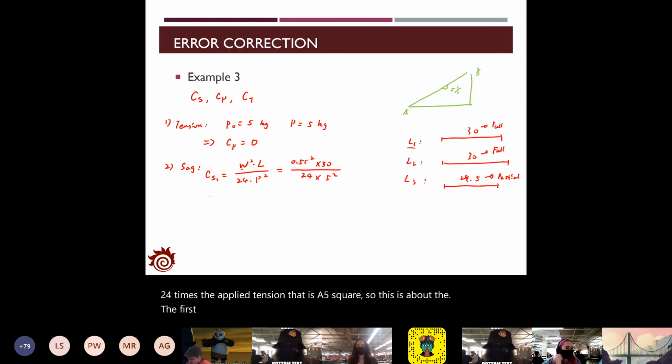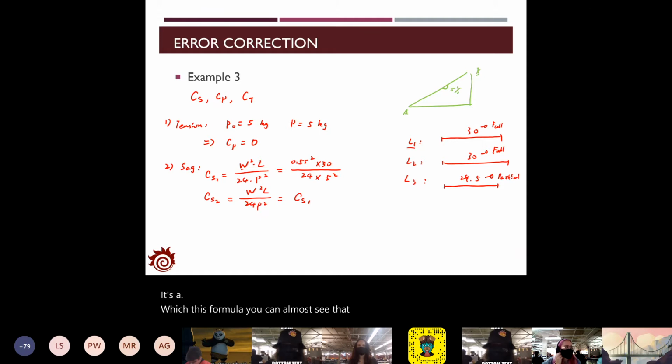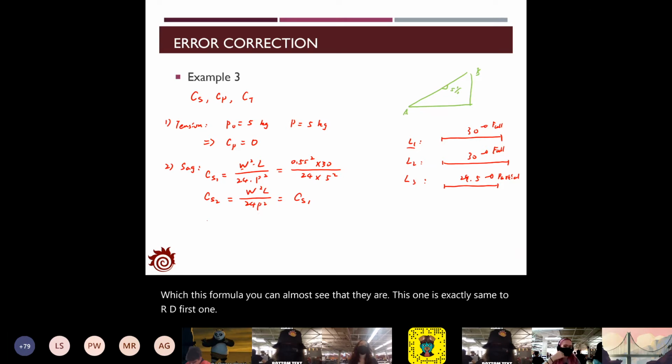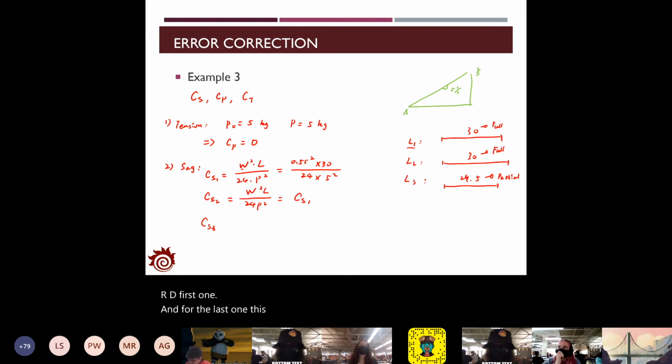And then for the second one, because they are exactly the same, you can see that with this formula it is exactly the same as the first one. And for the last one, this is a little bit different. It's just a partial tape in the measurement.